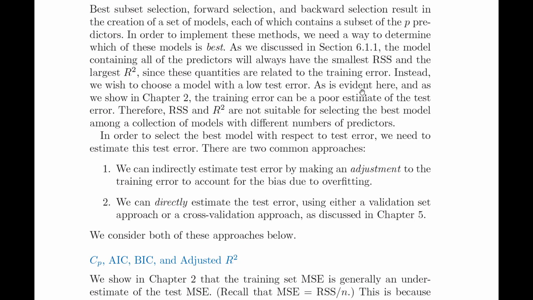So now we need something else. Now we need a model with a low test error, as is evident here and as we show in chapter 2. The training error can be a poor estimate of the test error.